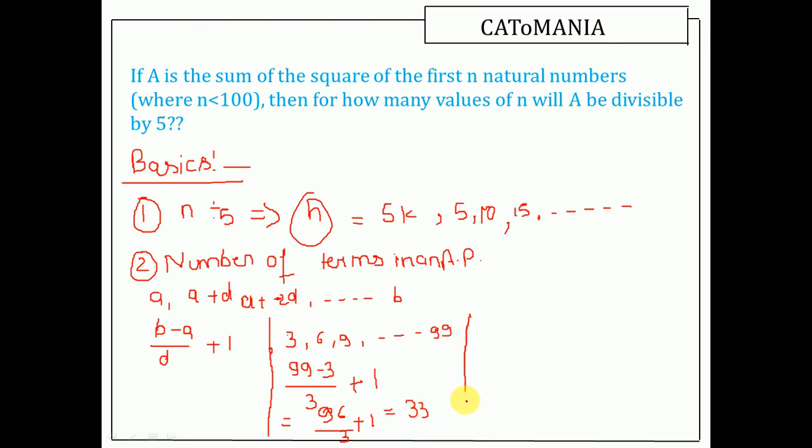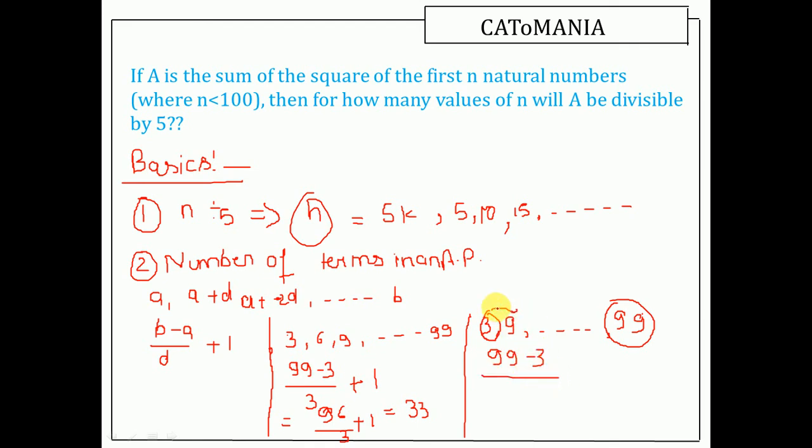Take another example just for clarification. 3, 9, and it continues till 99. So how many terms are there in this AP? Again, last term minus first term divided by common difference, plus 1. 99 minus 3 divided by the common difference.